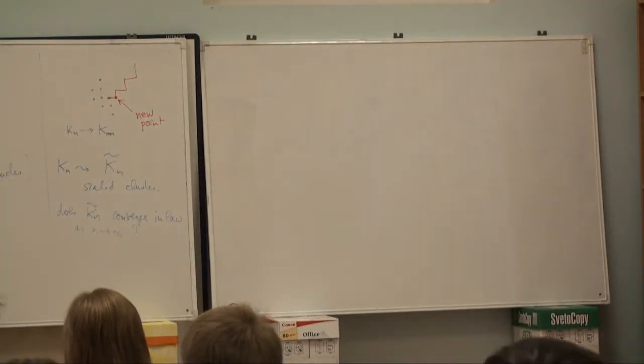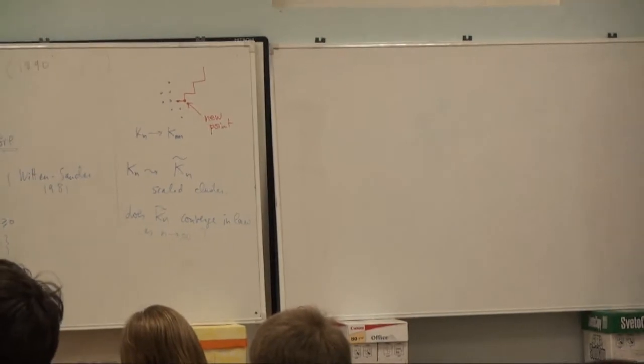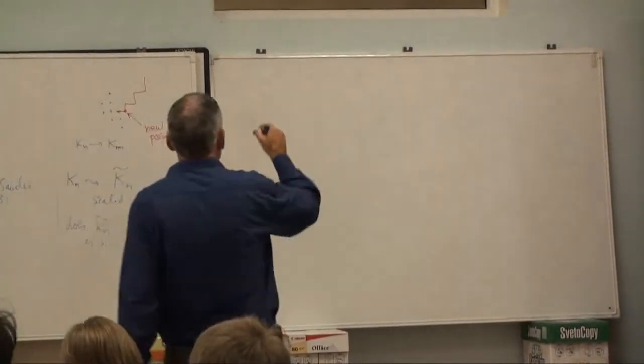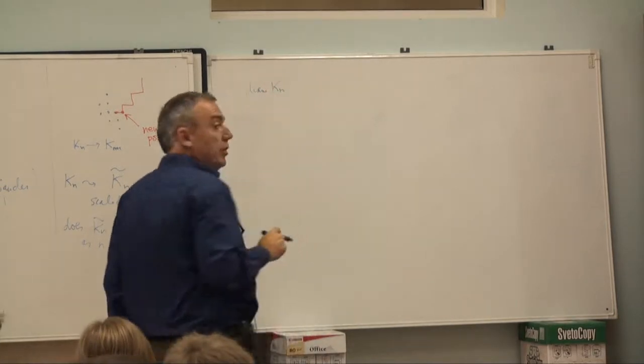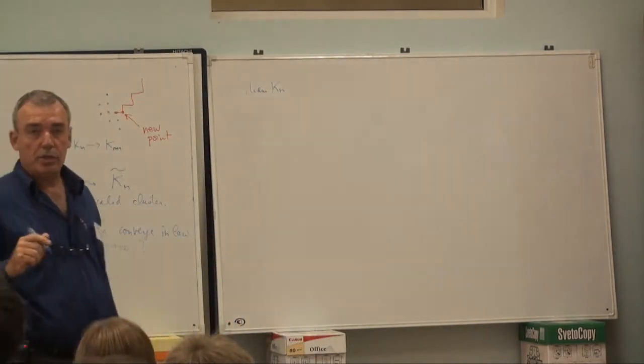So we can ask what is the size of Kn. Okay, so we can ask the diameter of Kn. So how does this behave when n goes to infinity?